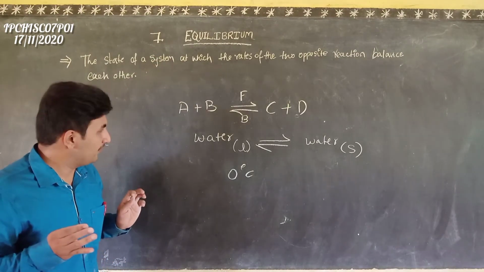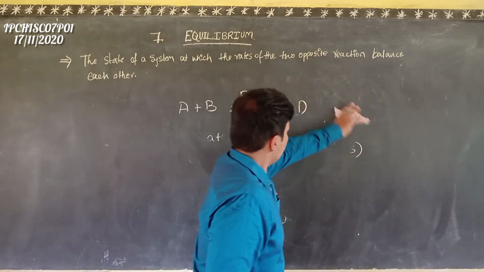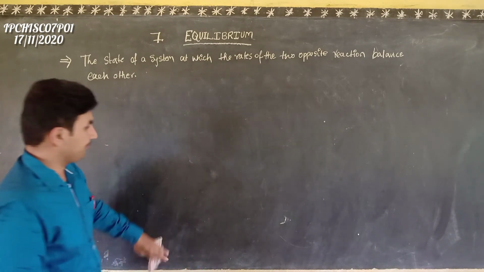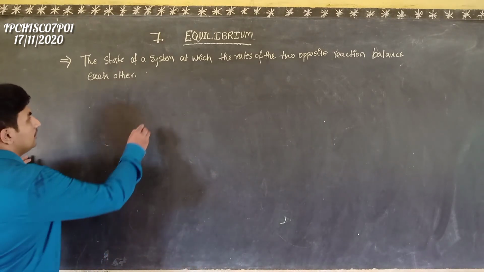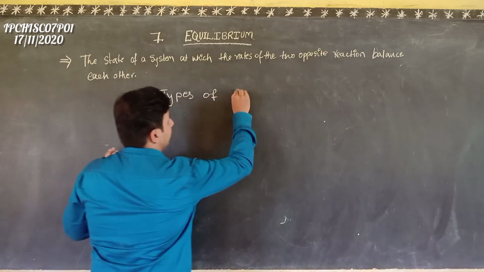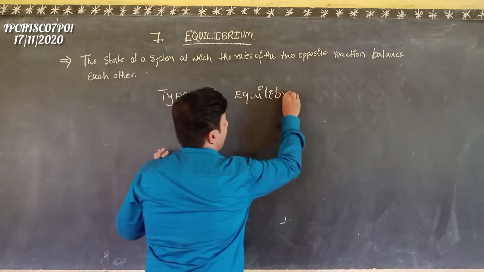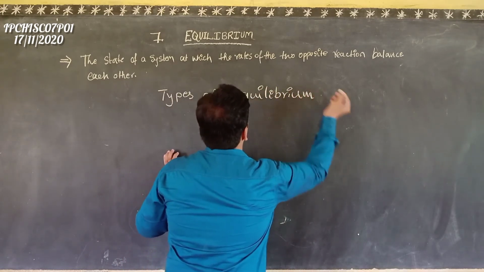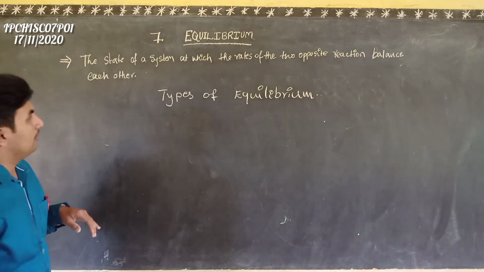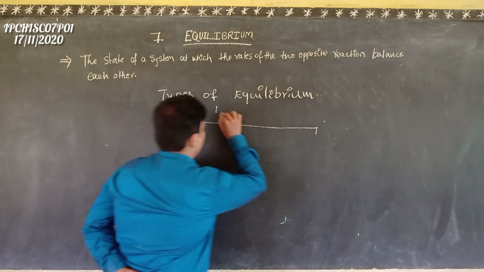Now understood, right? Next we'll study the types of equilibrium. Two types are there.